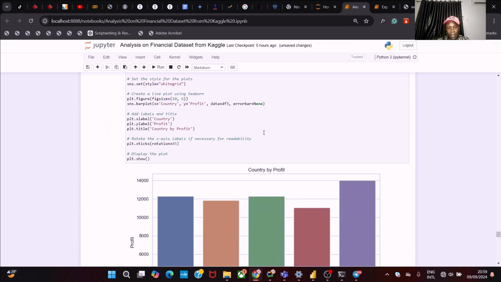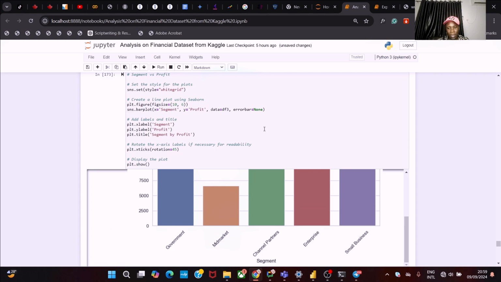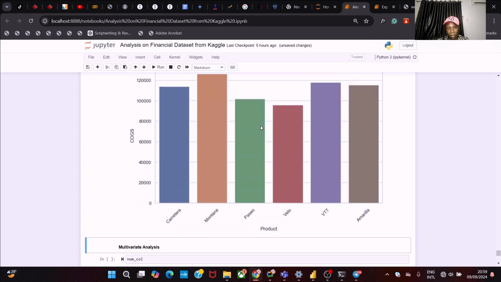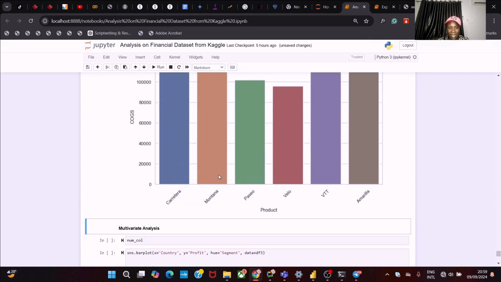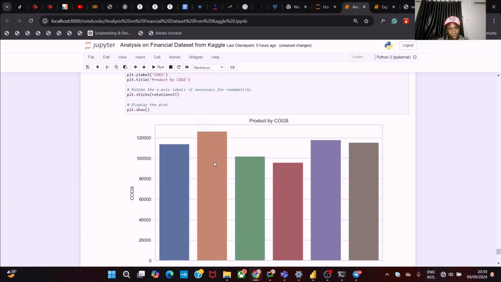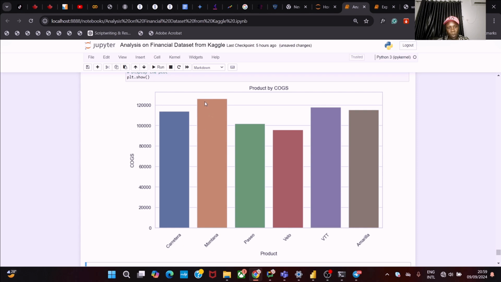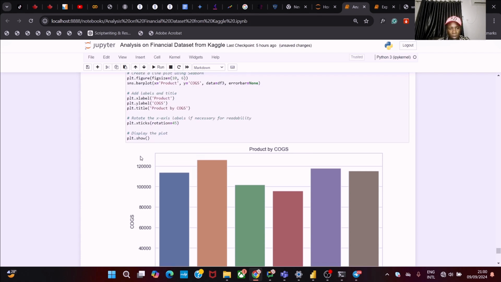Now I think this answers the question why Montana doesn't have the highest profit level, and that's because it has the highest cost of production. As you can see, the company incurs more costs when producing and delivering Montana compared to other products. So that is the reason why Montana doesn't have the highest profits, even though it has the highest sales.